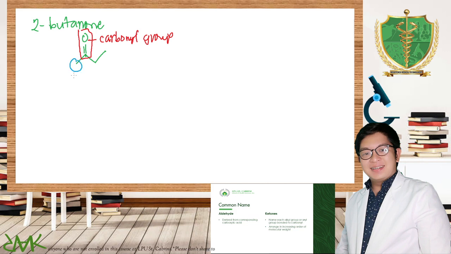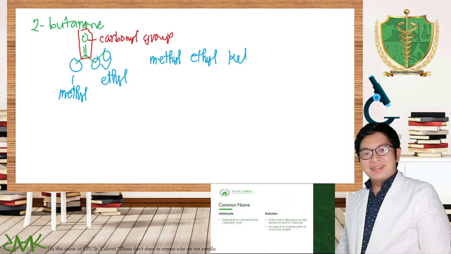We have here 1 carbon, this is our methyl, and 2 carbons, ethyl. Then arrange in increasing order of molecular weight. So we have methyl ethyl ketone, or most commonly known as MEK.